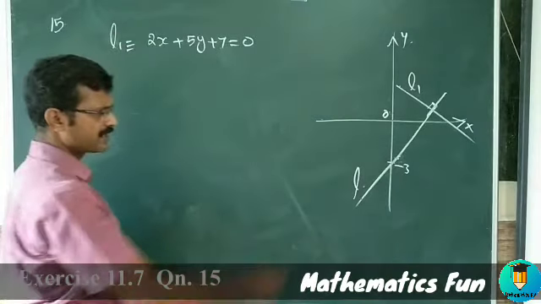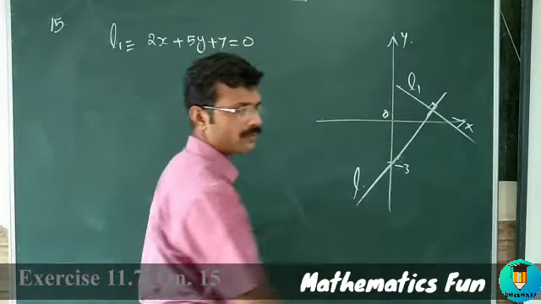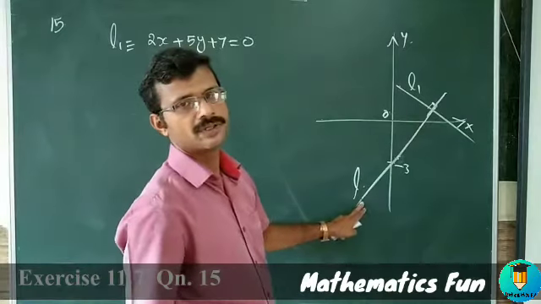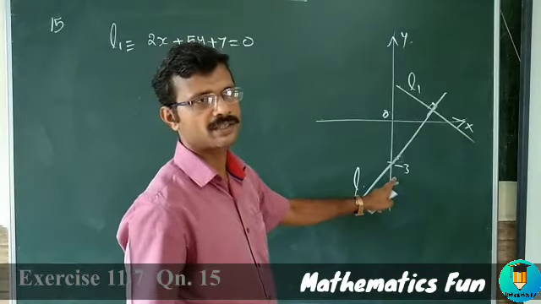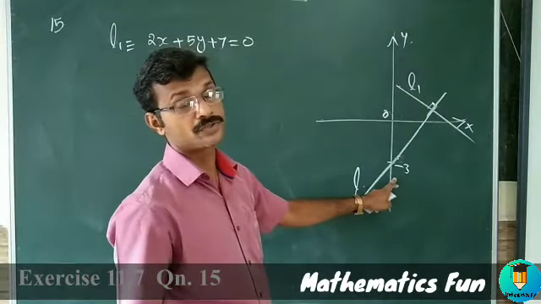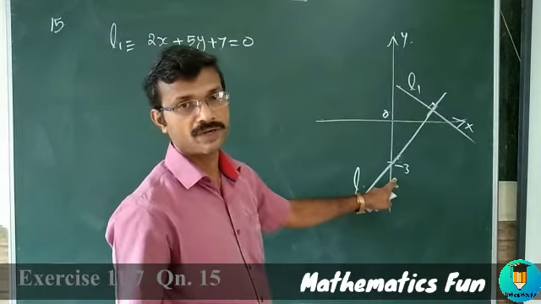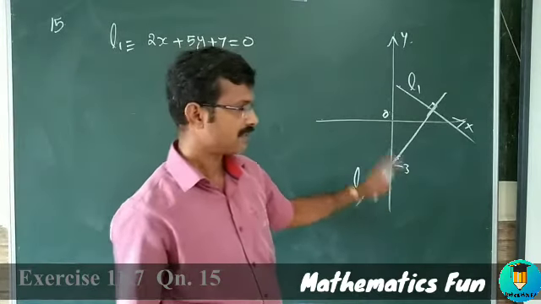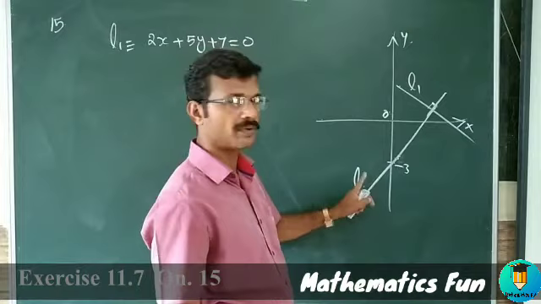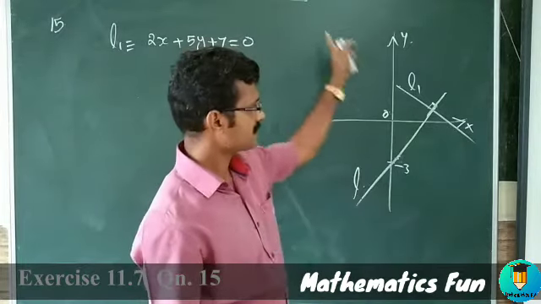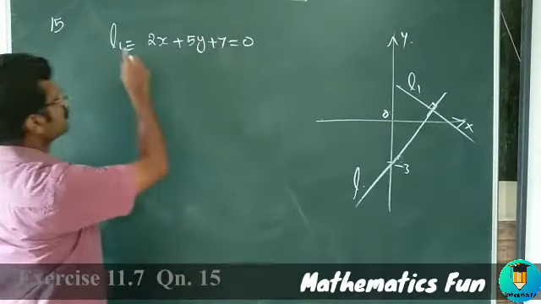Now we already know the y-intercept. We only need its slope. If we know its slope, then we can write the equation, since we know the slope y-intercept form: y is equal to mx plus c. So I need the slope of this line. For that, first I will find the slope of L1.